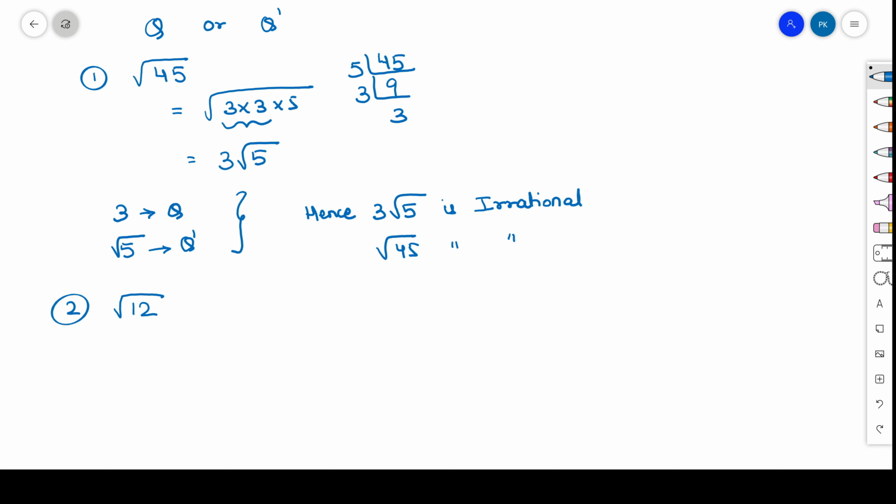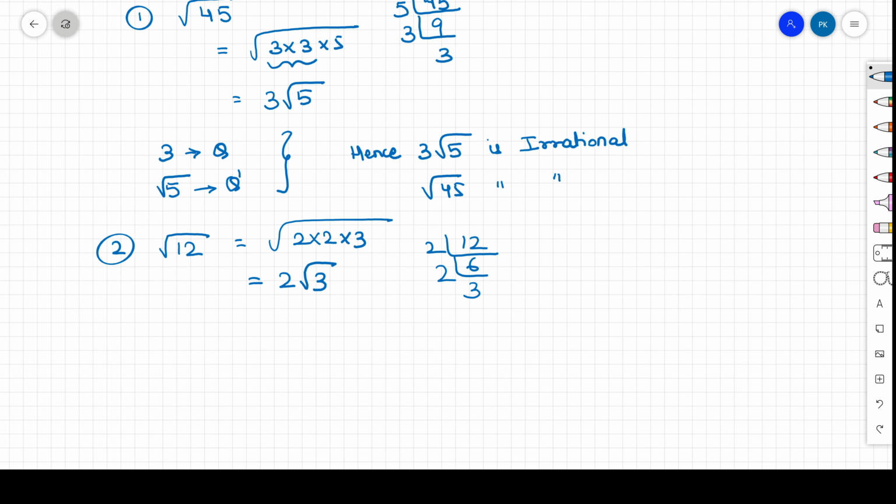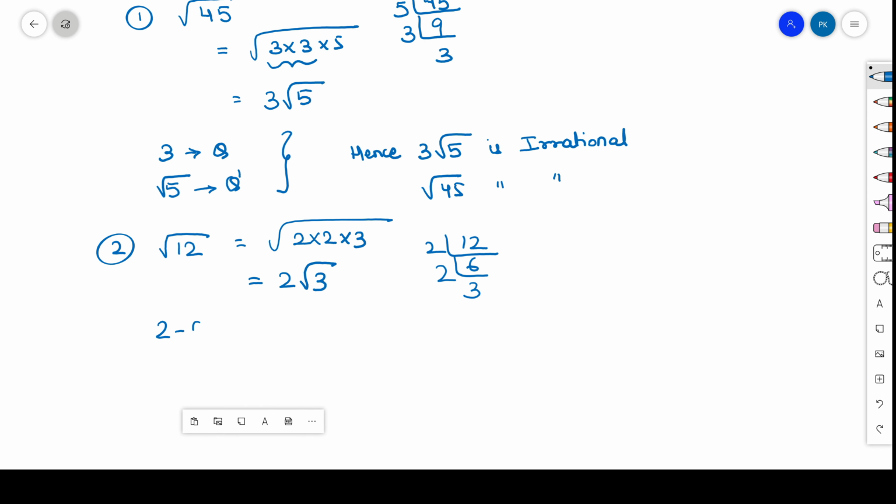Under root 12, again we are going to find the factors 2, 6, 2, 3. This is equal to 2 into 2 into 3, which means 2 under root 3. Using the same method, 2 is rational, under root 3 is irrational, and product of rational and irrational is irrational, and hence under root 12 is irrational.